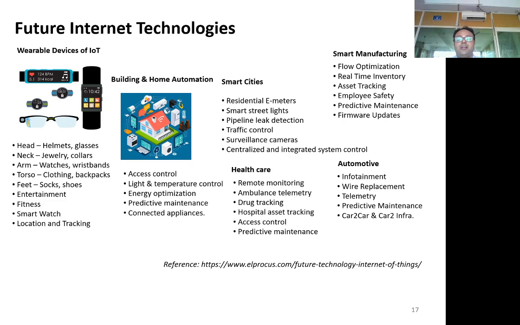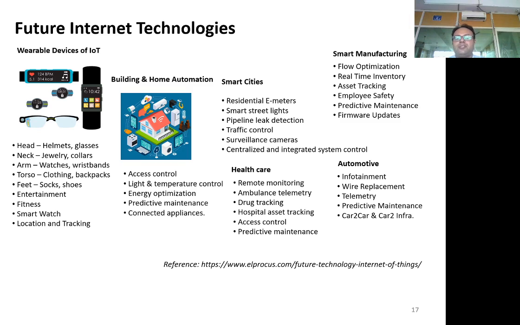And I am not talking about every device, I am only talking about the wearable devices of IoT. You can see head, neck, arm, torso, feet, entertainment, fitness, smartwatch, location and tracking, all different types of applications related to wearable devices are going to come in.